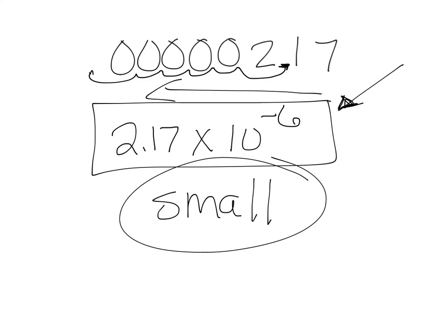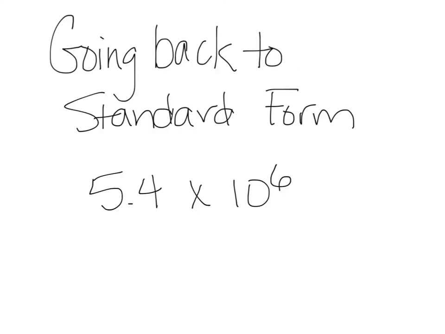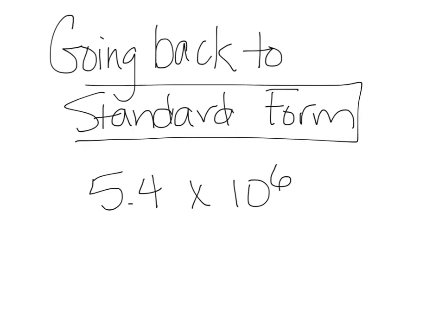Now, they will actually ask you to go back to standard form. They'll give you the number in scientific notation and ask you to go back to standard form. And this exponent is going to tell you what to do. Since it's a positive 6, all we have to do is move the decimal 6 places to the right. Positive means go to the right.